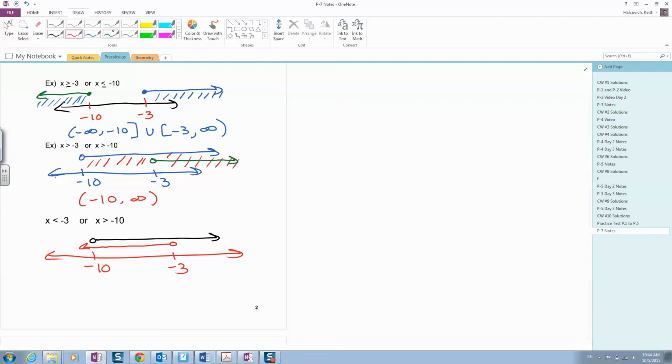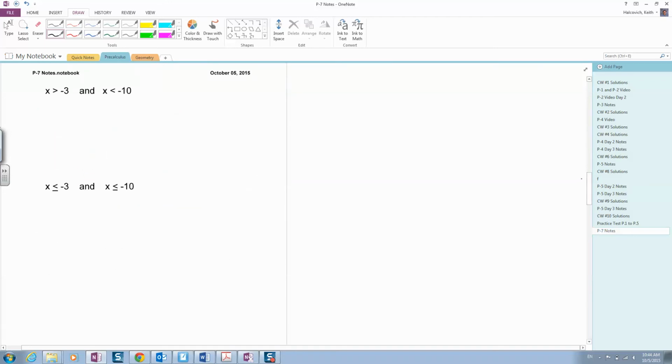And then if you notice, it wants to know where is it covered. Well, it covers here all the way out this way, and then it covers all the way out this way. So the whole thing is covered. If it's all real numbers, it means it goes from -infinity to +infinity.